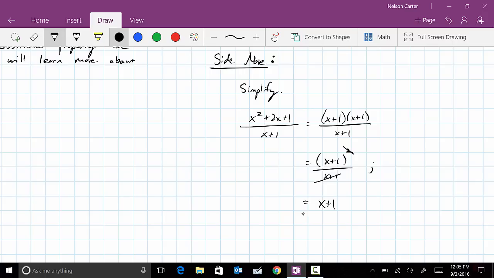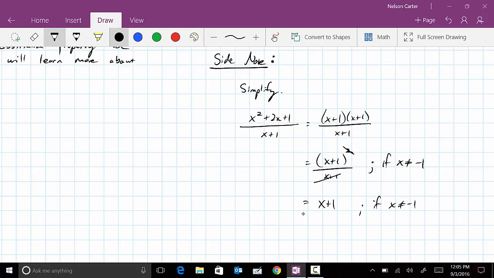So the minute you make that cancellation, you have to make a statement that x cannot be negative 1. If x is not equal to negative 1, then this is fine. We make this cancellation, and then we're good.